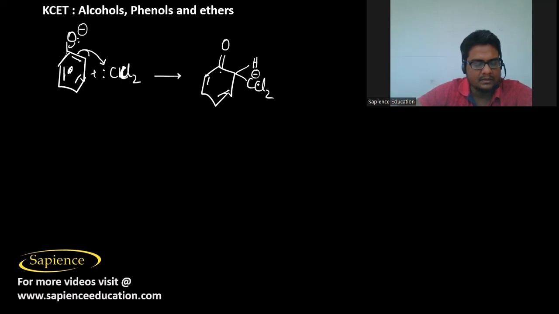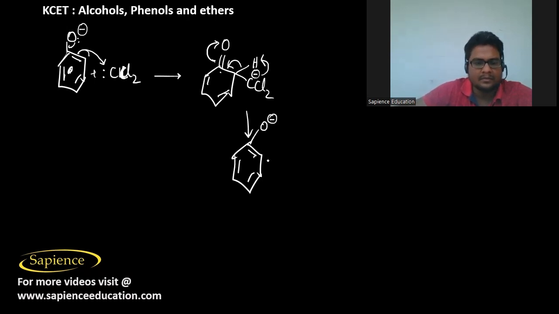Then this one will attack here, and these sigma electrons will come here, and these pi electrons will go to the oxygen atom. Then it will produce the phenoxide ion, and then CHCl2.